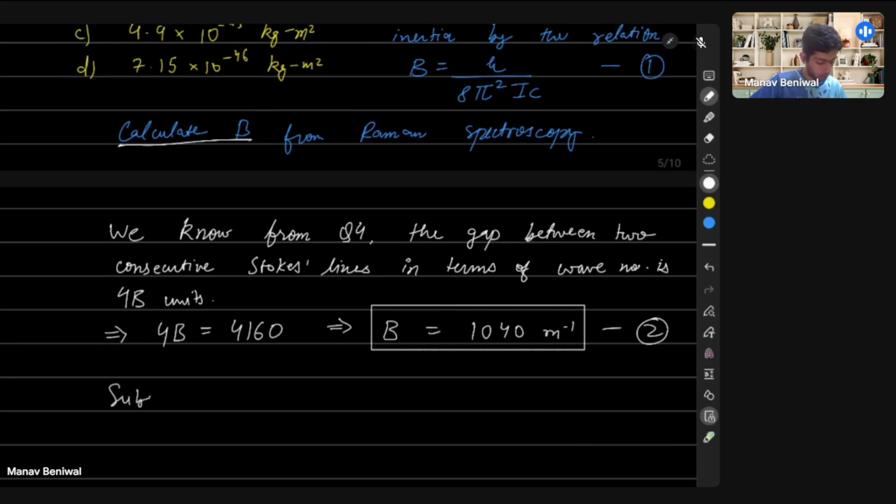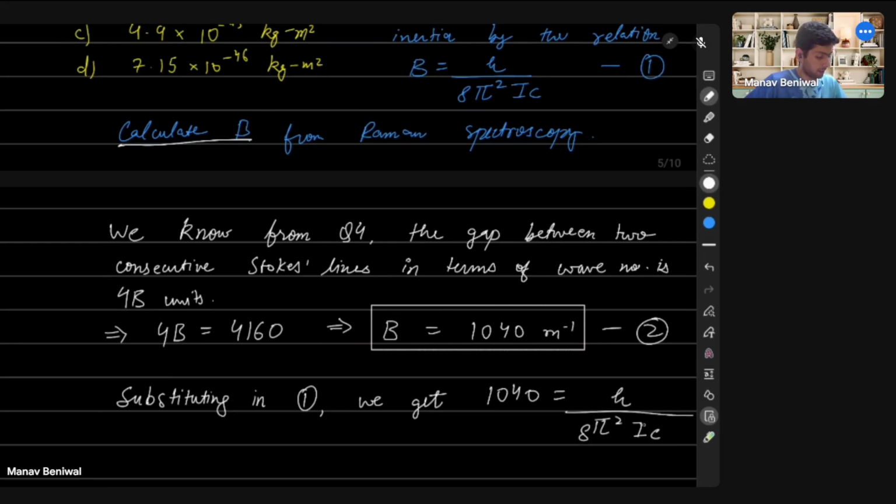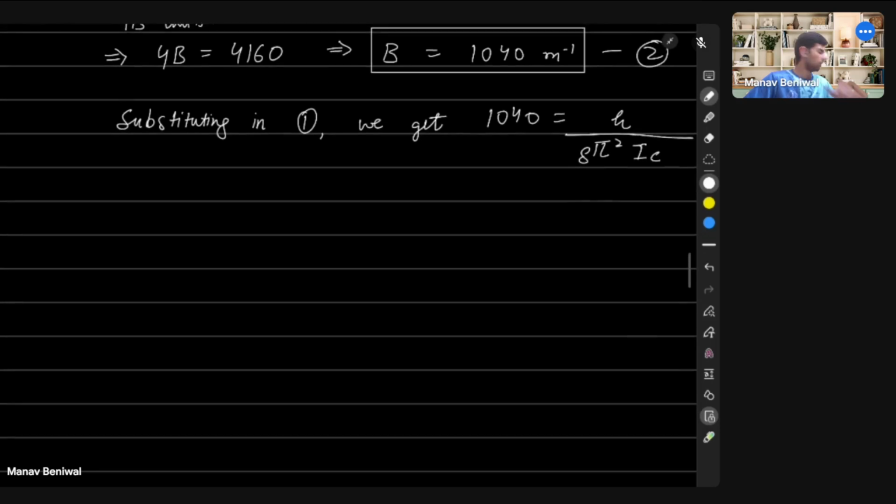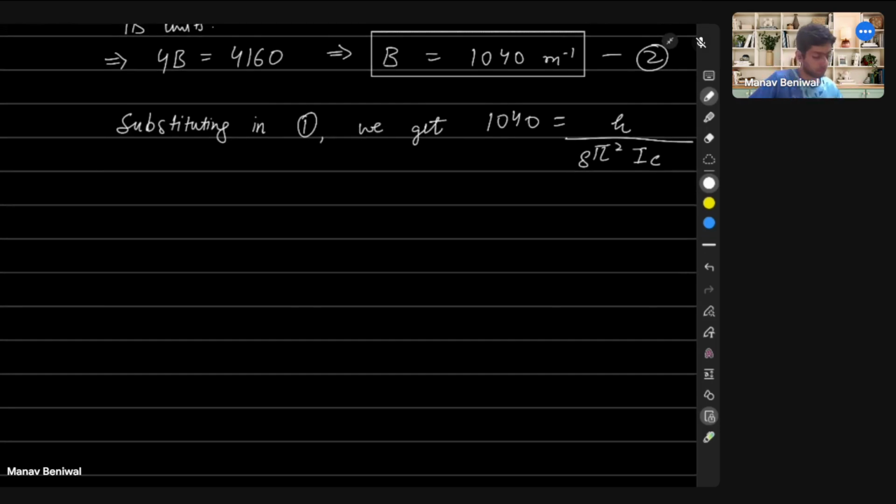Now substituting in 1, we get 1040 equals h over 8 pi squared I c.